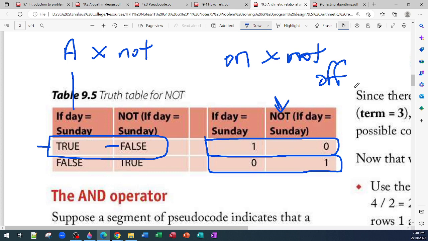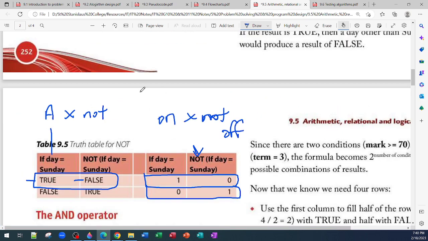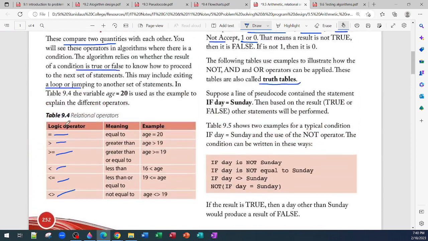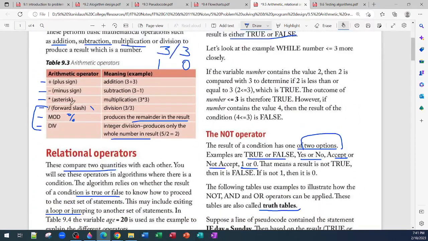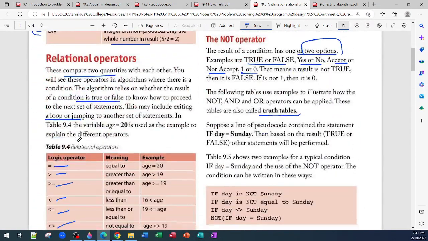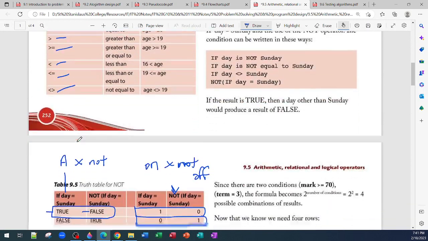So it might sound complicated. It is complicated. It's not something you use on a regular basis, like how we use the relational operators and the arithmetic operators on a daily basis.